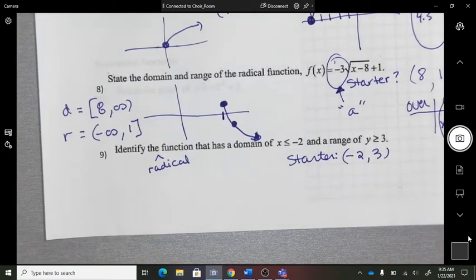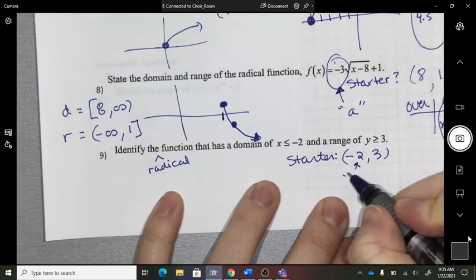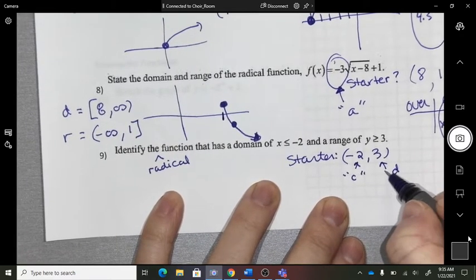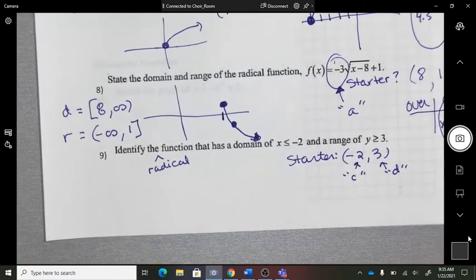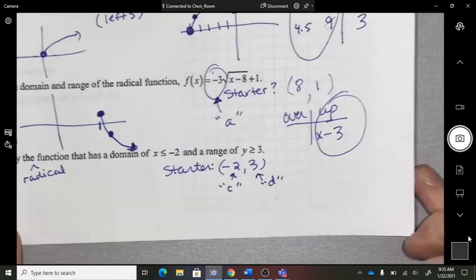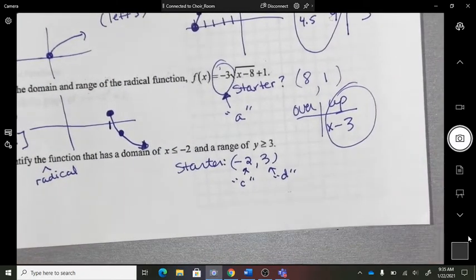That's my starter coordinate. So I already know the C and the D of it. But now I need to know which direction this is heading, because then we'll have to figure out if anything got reflected.